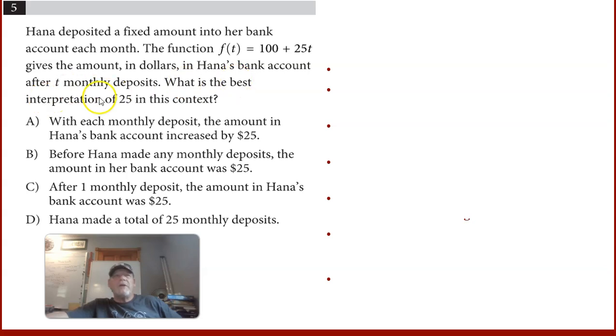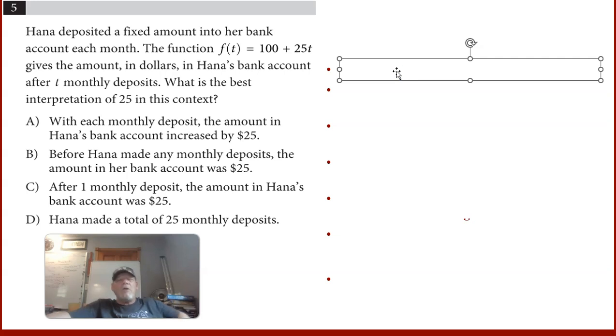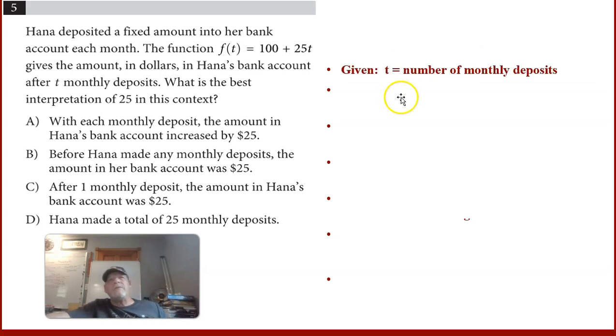What's the best interpretation of 25 in this context? So what does that number 25 mean in this function and in this word situation? So here's A, B, C, and D, and we're going to work backwards and try each one after we talk about what is given first.